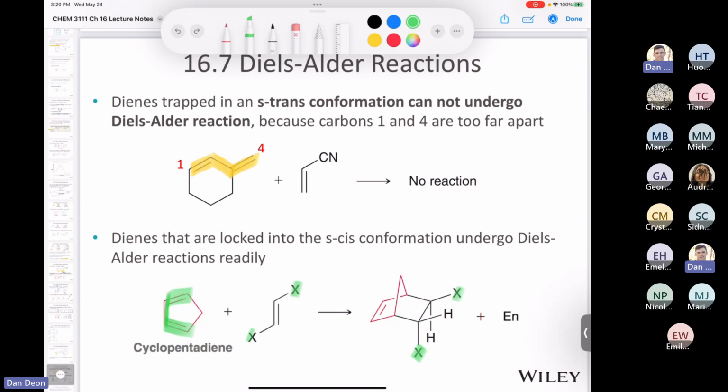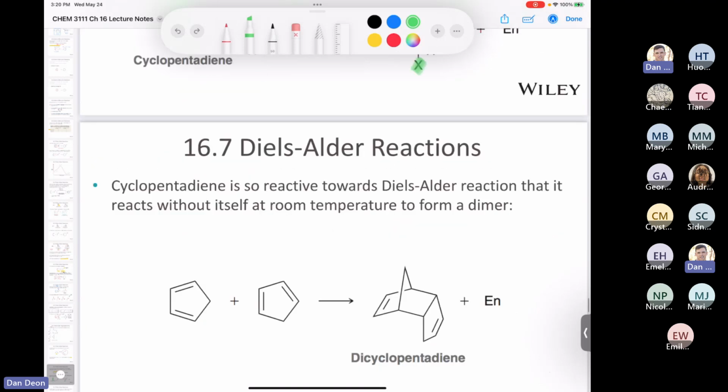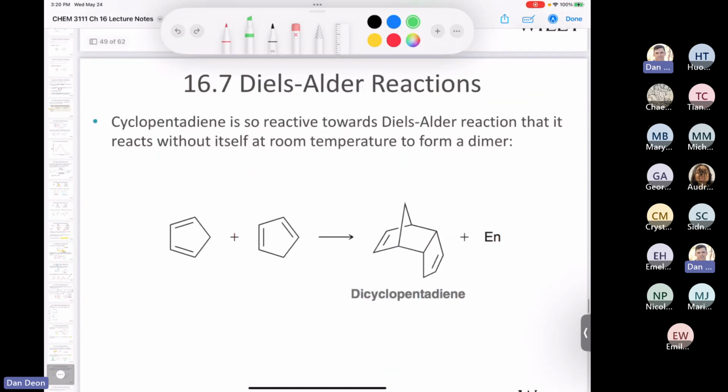So going back to the idea of cyclopentadiene, like I said, if you have a bottle, right, Audrey, let's say you go to the store, you know, where is it? Target probably. And you buy a bottle and it says cyclopentadiene on it, well, you better keep it at low temperature, because if you keep it at room temperature, it's going to do this. It's going to form this compound here, dicyclopentadiene.